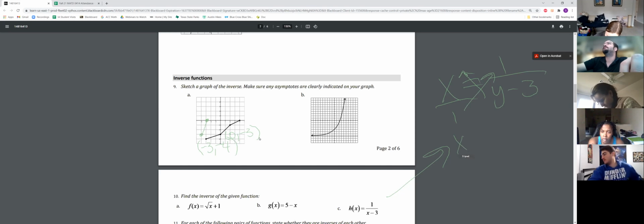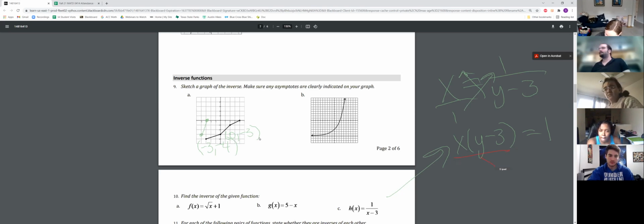So it would be x times y minus 3 equals 1. And then divide by x would be my suggestion. And then you would just add the 3 to both sides. And that's it. So super quick because I know we're out of time.